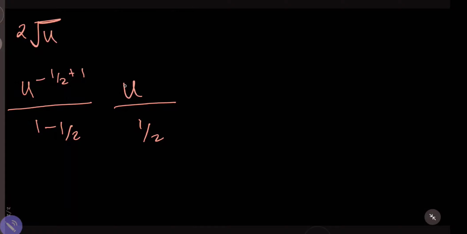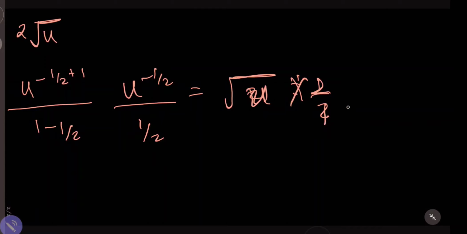If I say u raised to power minus half plus 1 all over minus half plus 1, this means as denominator I have half, and as numerator I have u raised to power half, which is the same thing as root u. Now when you divide by 1 over 2, this is the same thing as saying times 2 over 1, and this would give us 2 times root u. That's how we have this.